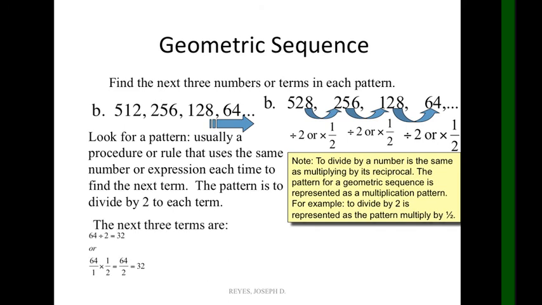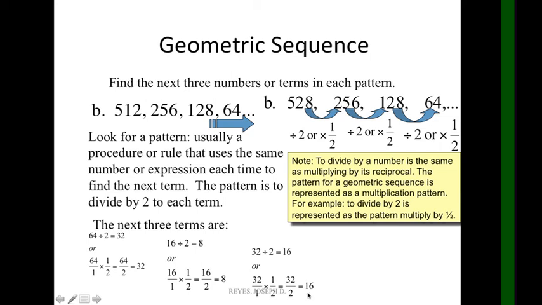The next three terms will be: 64 divided by 2 is 32, or 64 over 1 times 1 half is equal to 64 over 2, which is equal to 32. The next one is 32 divided by 2, 16. So we have 32 times 1 half, same.